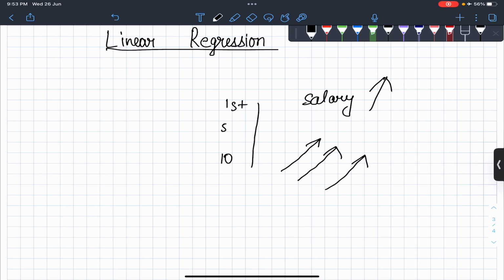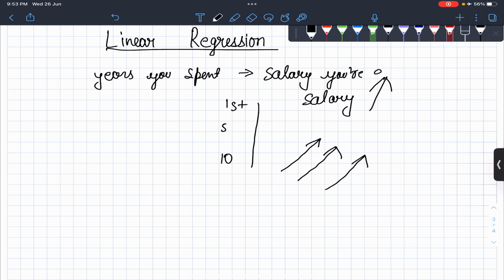Now we have a relation between the years you spent and the salary you are getting.